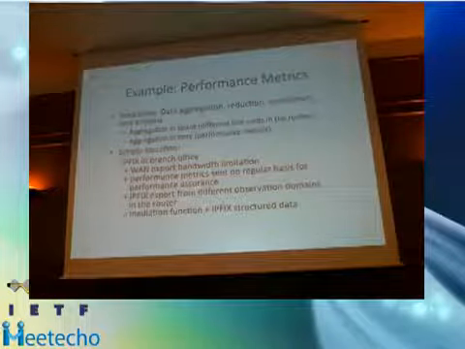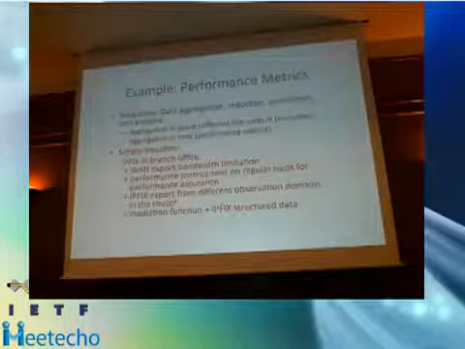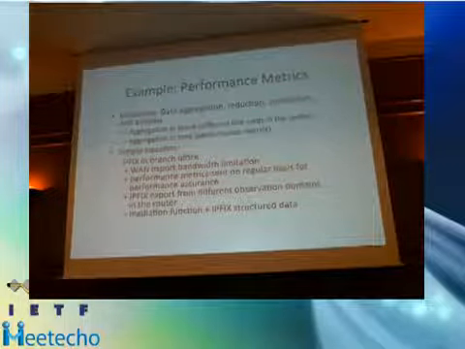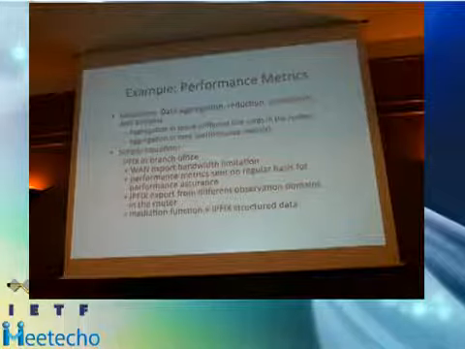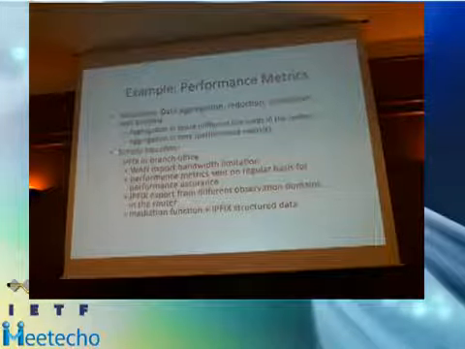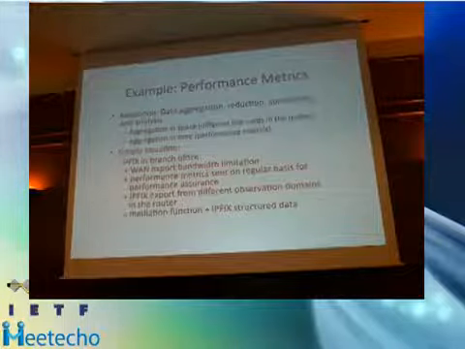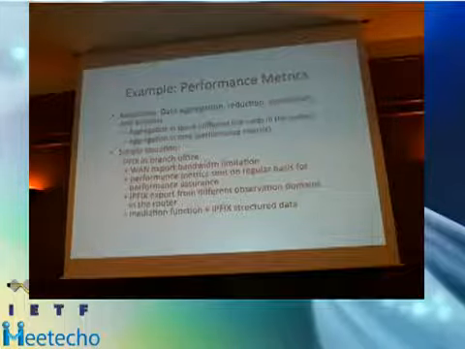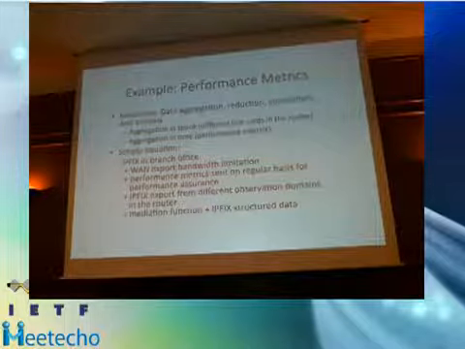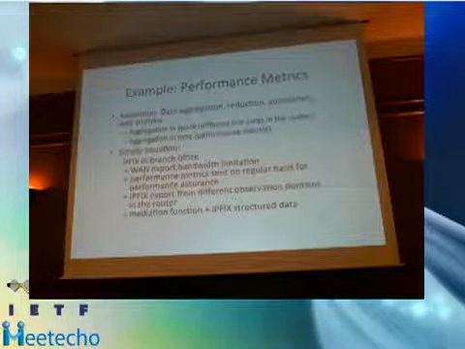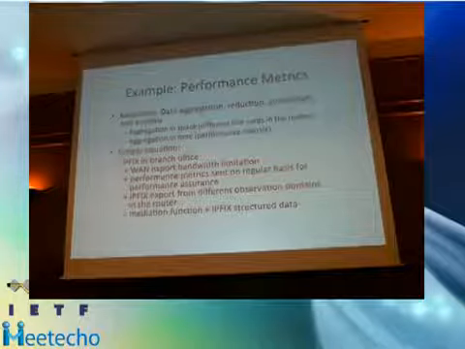The use case we see for that is a typical branch office, where we would like to monitor the performance, but we've got limited bandwidth to export the flow records. If we export every single flow record, every single time a performance metric changes, we will saturate the link. So this is what I'm saying: we could do aggregation in time and also in space by using this structured data.